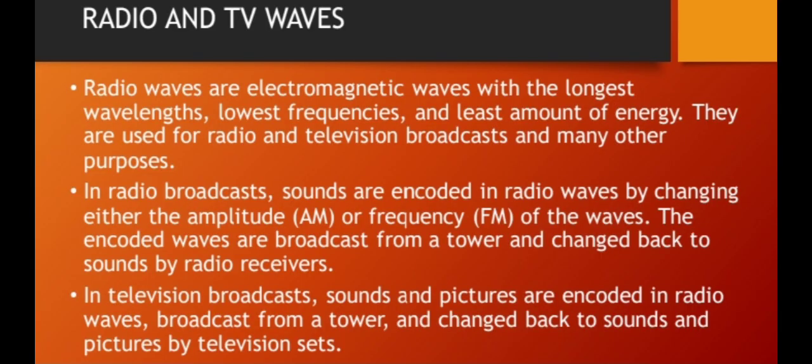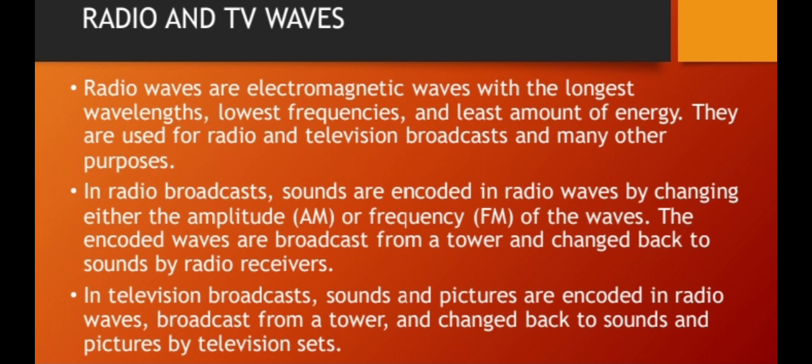Radio and TV waves are forms of electromagnetic radiation which are used to transmit information through the air or space. They are a type of non-ionizing radiation, meaning they do not have enough energy to break chemical bonds or cause harm to living tissues. Radio waves are a type of electromagnetic wave that has a frequency range.